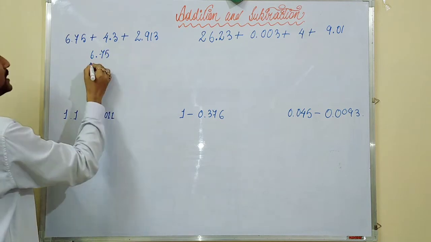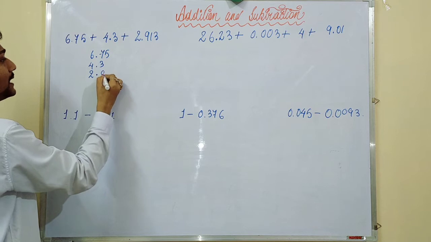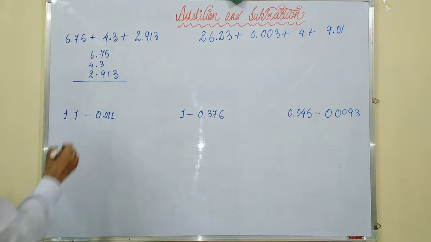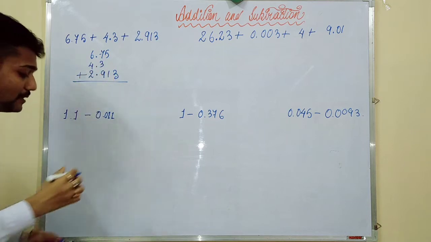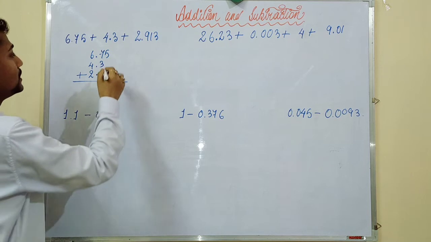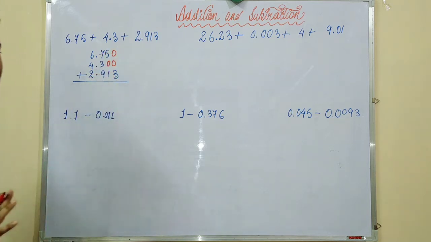That means 4.34, here it will be 3.2.913. If you see properly, all the decimals are below one another, isn't it? Now the rest of the part where it is empty, put 0, or you can just keep it as it is.